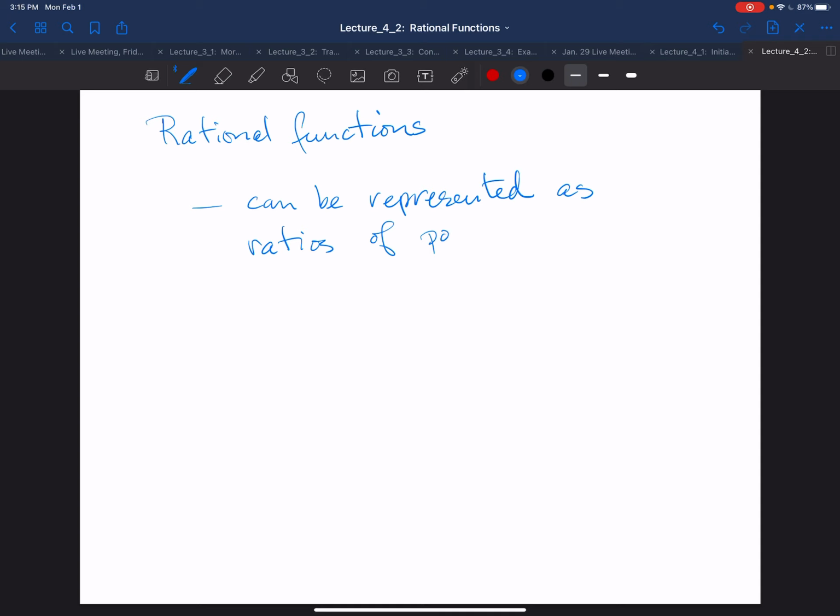And we're particularly interested in rational functions of the Laplace variable s. So an example could be s over s squared plus 2s plus 2. That's a ratio of a linear polynomial and a quadratic polynomial.